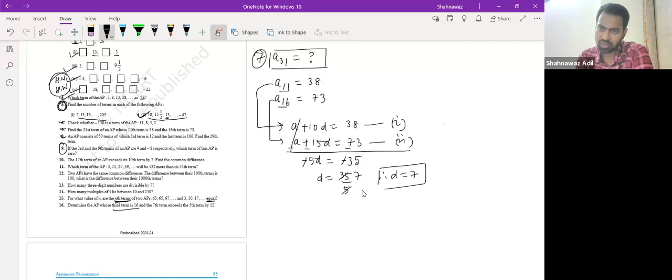And we can plug the value of D in any of these equations. So let's use the first equation. A plus 10 into 7 is 38. So A would be 38 minus 70.